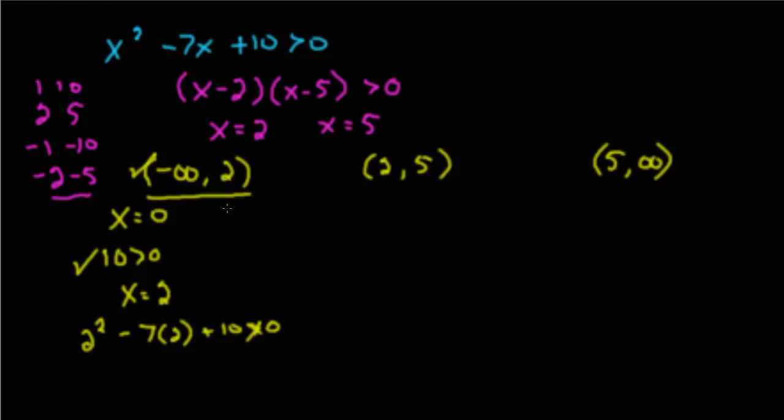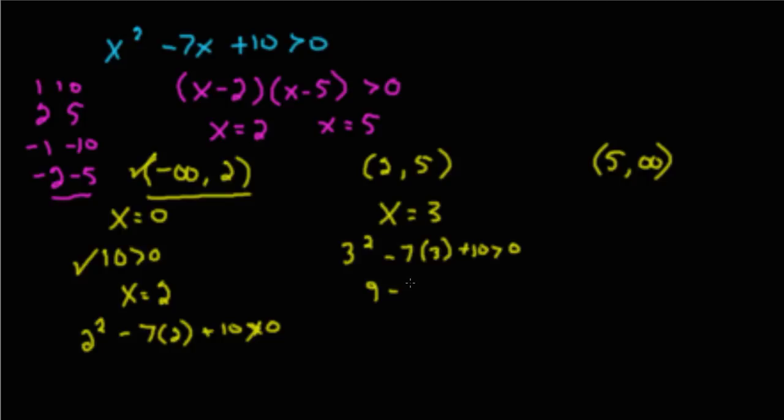So the next interval that we'll want to check is this 2 to 5. So we'll say x is equal to 3. We'll just pick that one. So then that gives us 3 squared minus 7x, and of course, x is 3, so 7 times 3 plus 10. Is that greater than 0? Well, you get 9 minus 21. 21, not 27.